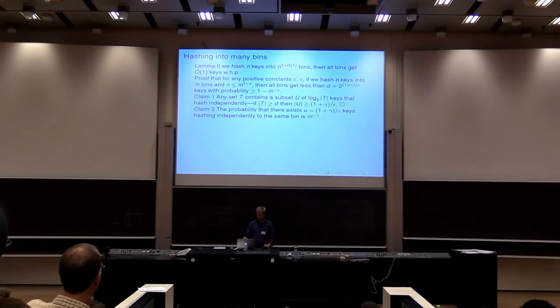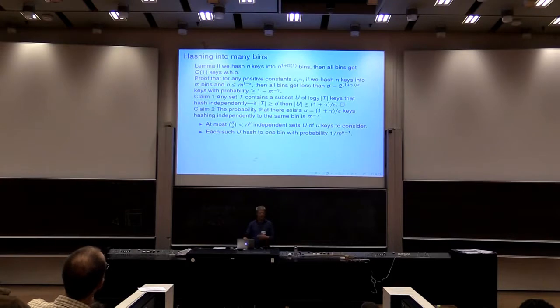There can't be that many sets of that size. And so this is just counting the number of sets. We have n keys. We look at U of them, and U is not too big. And then we say, what's the probability that they all hash to the same place? Now they're totally independent. So that's just the number of bins to the U minus 1. And then we just do a union bound.